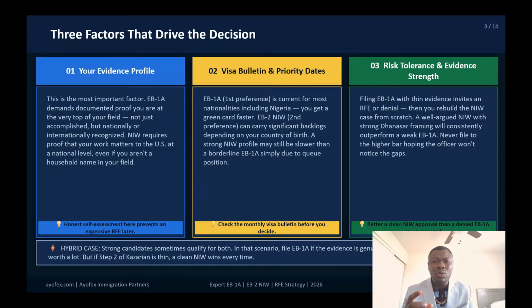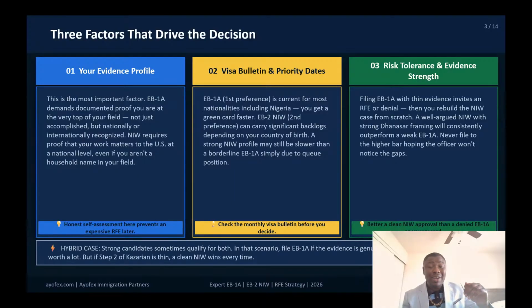EB1 demands documented proof that you are at the very top of your field and that you have sustained national or international acclaim. However, NIW requires proof that your work matters to the United States at a national level, even if you are not a household name in your field. So this distinction is very, very important.